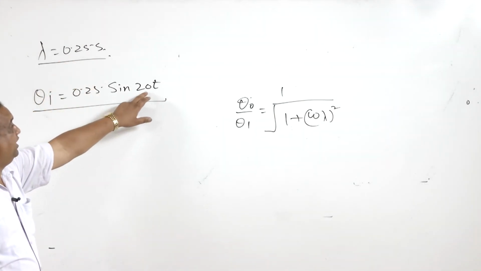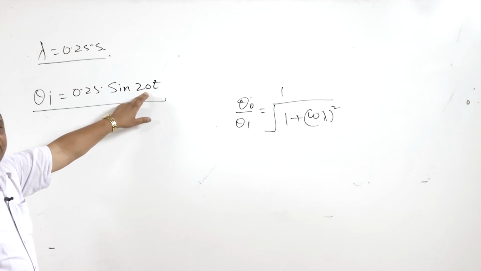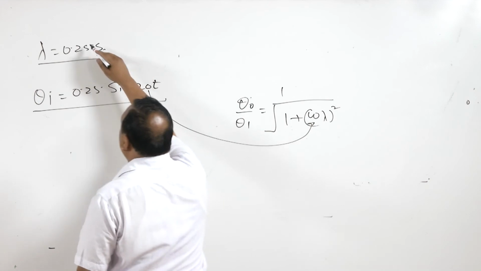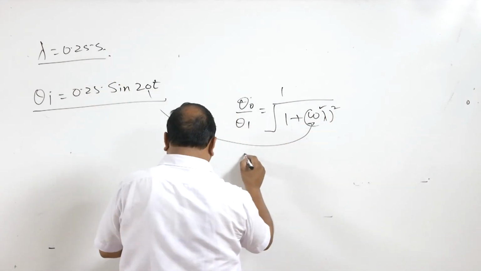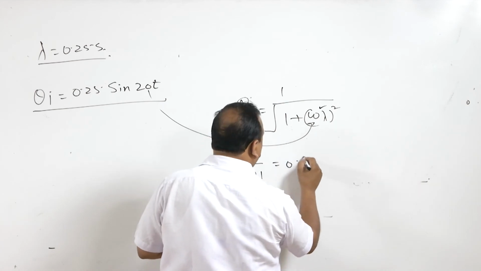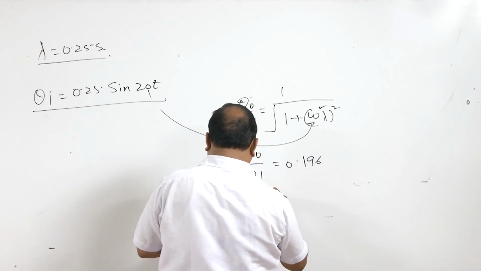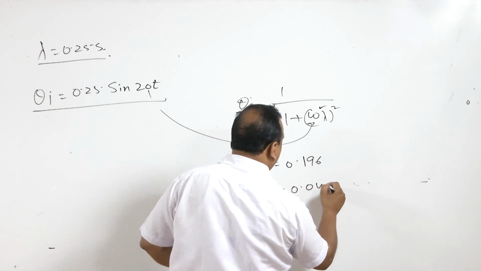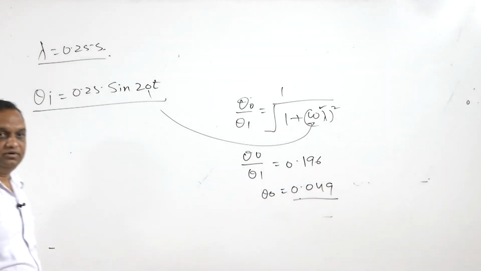Omega is 20, from sin 20t, so we don't have to calculate from n. We simply take 20 from here. Lambda we take from here, and this theta O by theta I is equal to 0.196, or theta O is equal to 0.049. This is the amplitude of output.